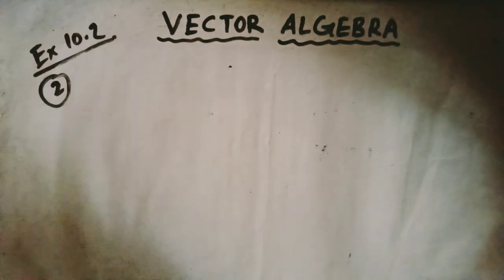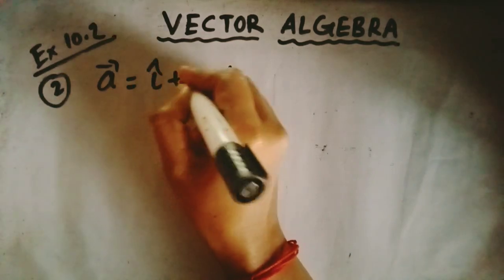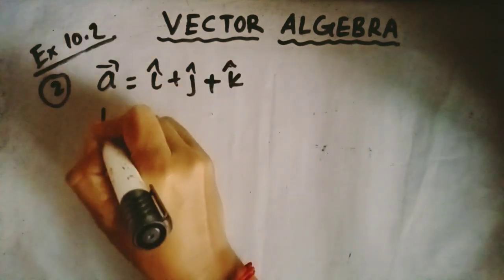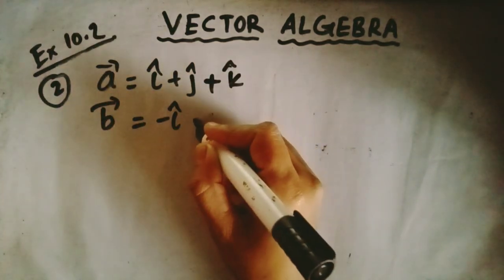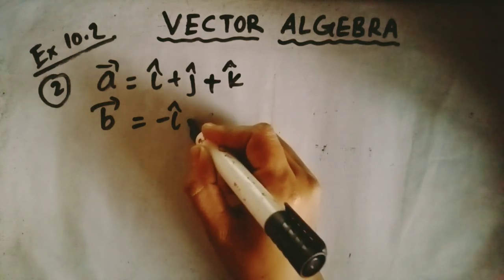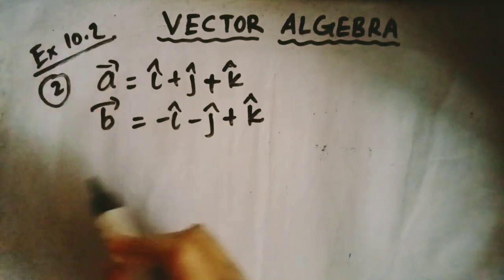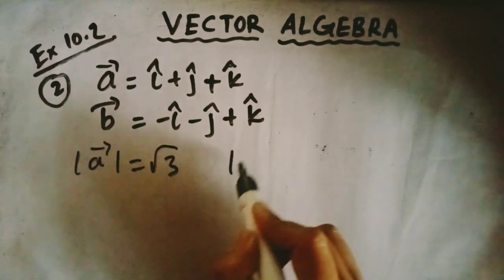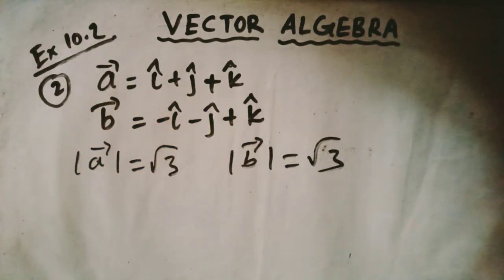You can take a vector a as i plus j plus k, and another vector b as minus i minus j plus k. The magnitude of a is root 3, and the magnitude of b is also root 3. So these are two vectors having the same magnitude.